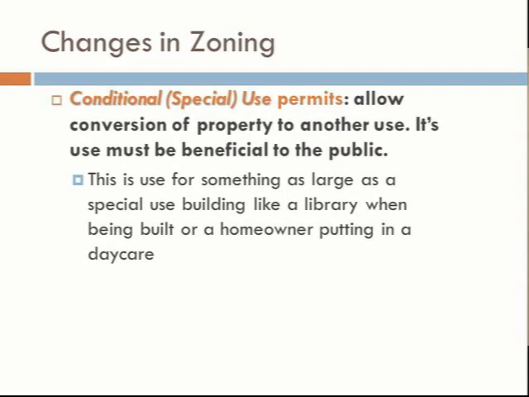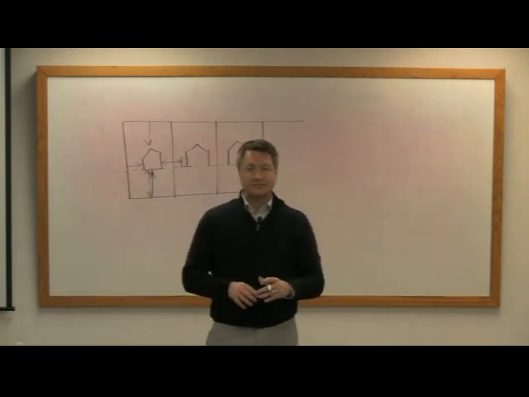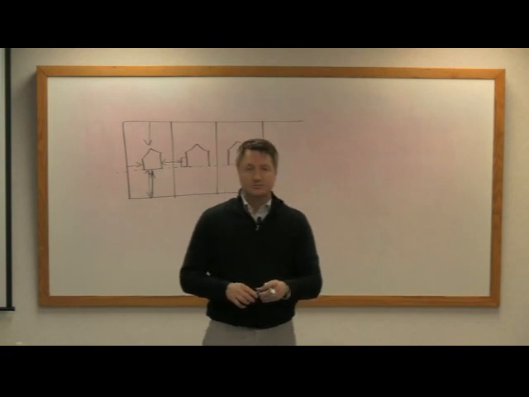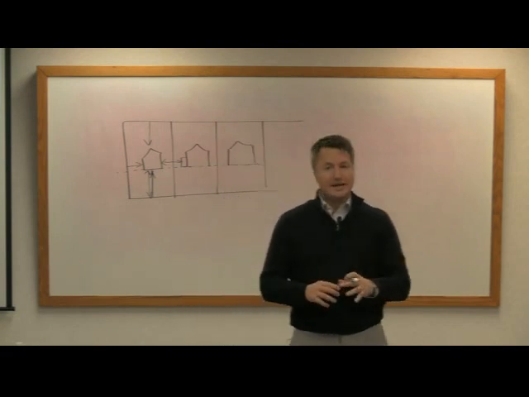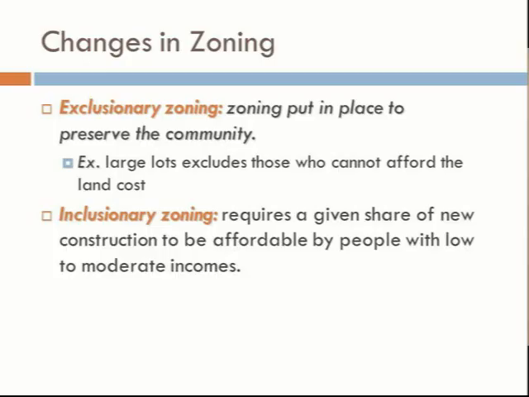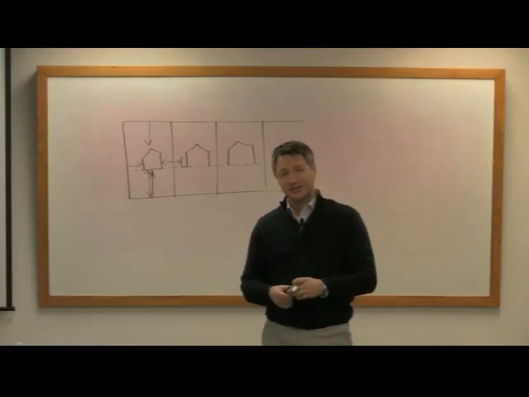Conditional use or special use permits allow conversion or construction of special purpose property. And these special purpose properties, like a library, that these special use permits are given to are going to have to be for the overall benefit of the community. Exclusionary zoning and inclusionary zoning are similar, and we just have to understand what inclusionary would be and exclusionary would mean.